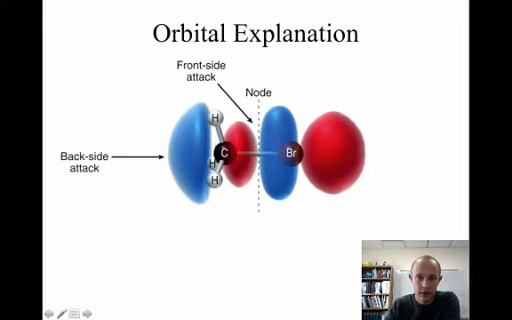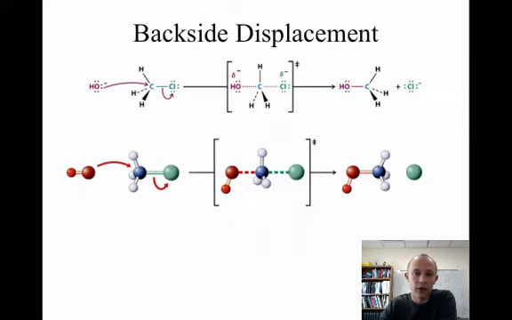Okay. So why do these reactions occur by backside attack? Well, it has to do with molecular orbital theory. So in the previous example, we had chloromethane undergoing attack by hydroxide.